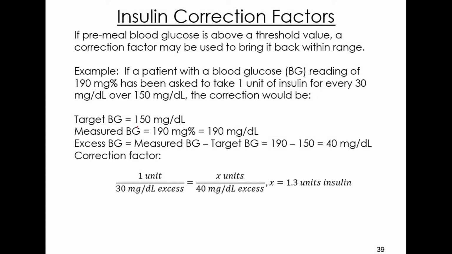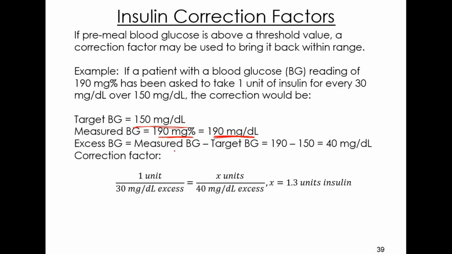We have a target blood glucose of 150 milligrams per deciliter. The patient's blood glucose was measured at 190 milligrams per cent, and we hopefully remember that milligrams per cent is the same as milligrams per deciliter.